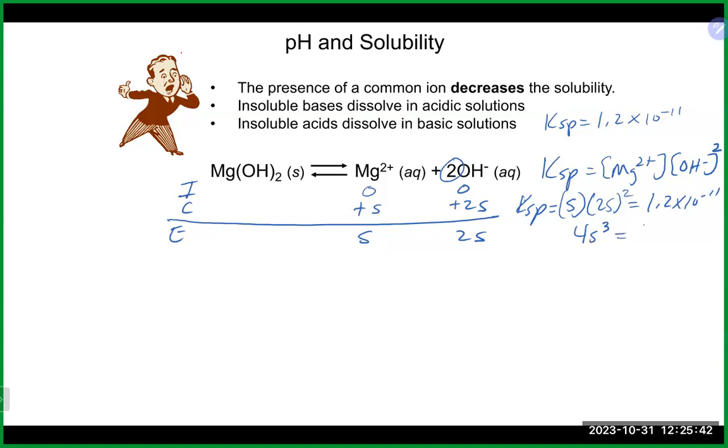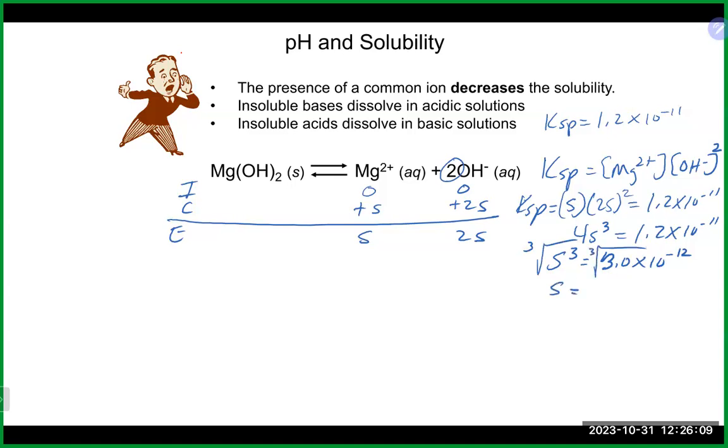So 4S cubed equals 1.2 times 10 to the minus 11. I'm going to divide by 4, and that gives S cubed equal to 3 times 10 to the minus 12. Now a little cube root action.